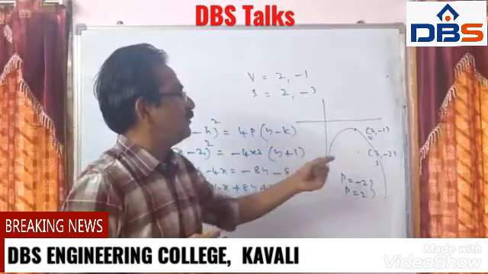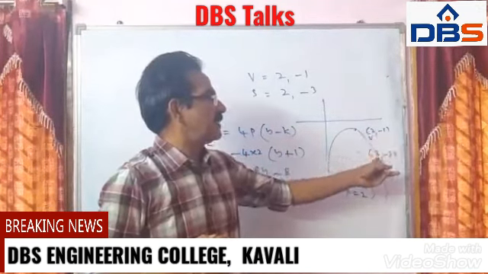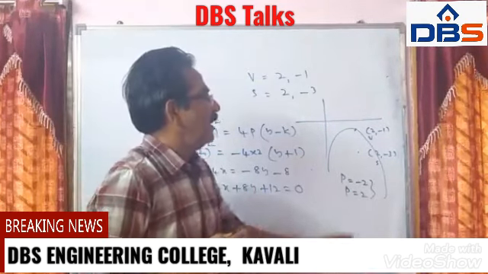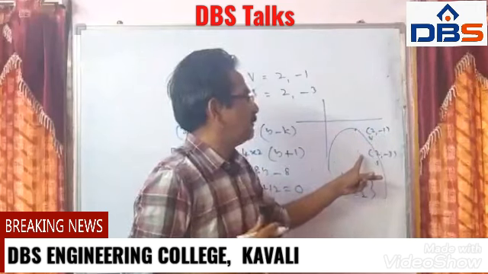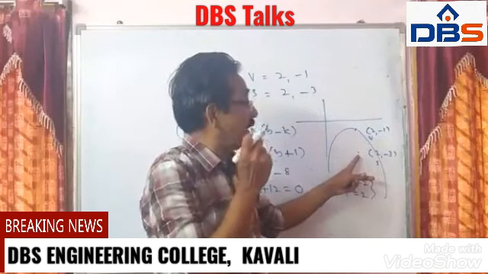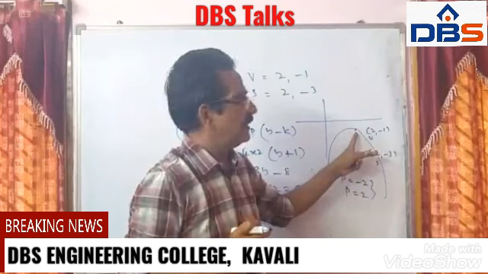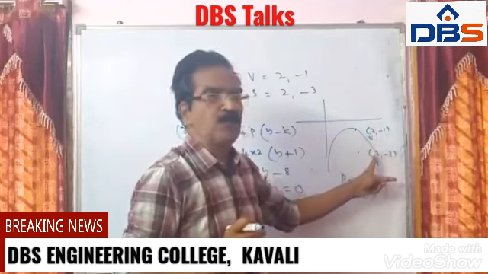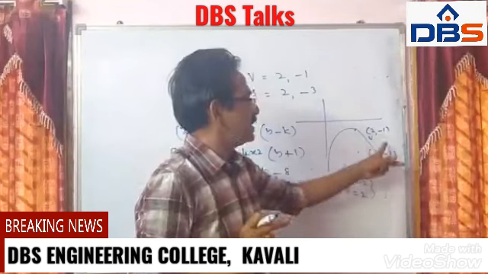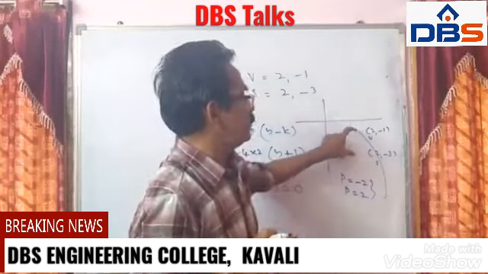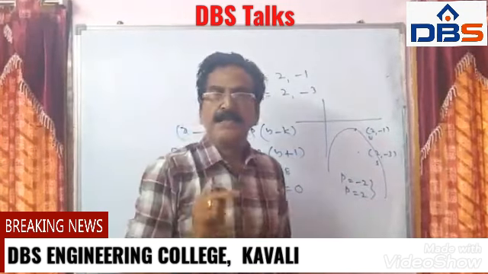Right, friends? So here x coordinates are equal. And you can plot this point. This is focus. This is vertex. And the distance between these 2 points is our p, that is 2 units.